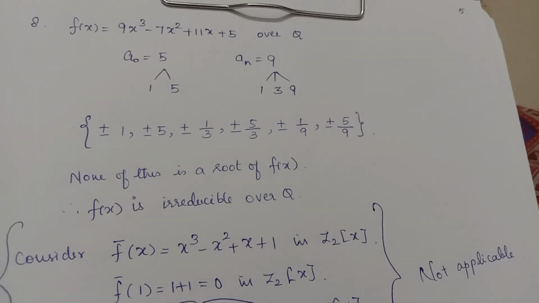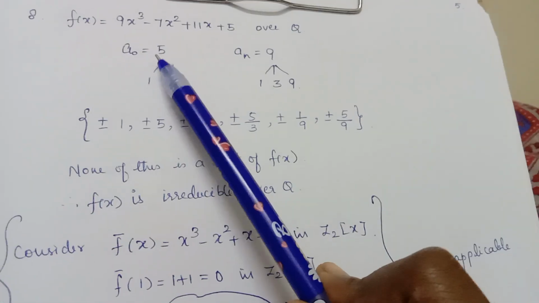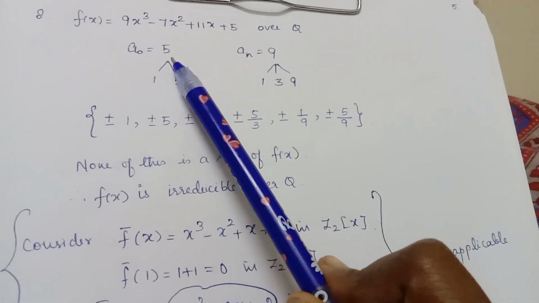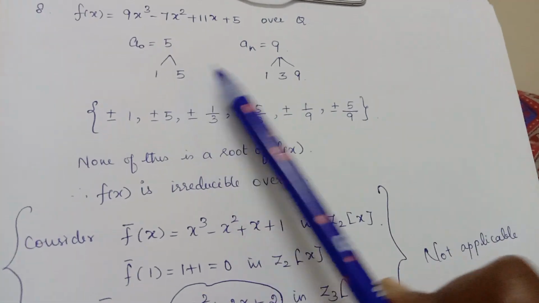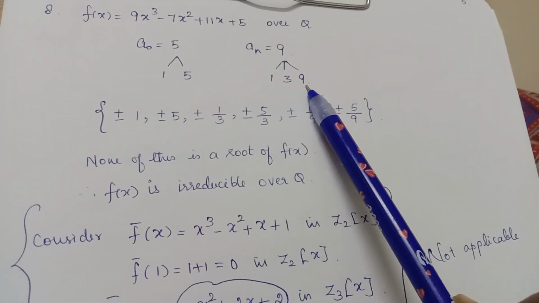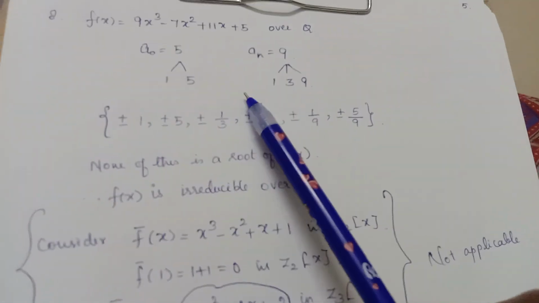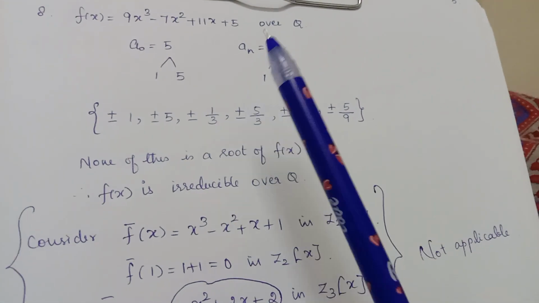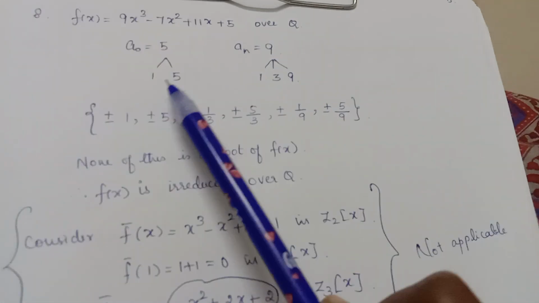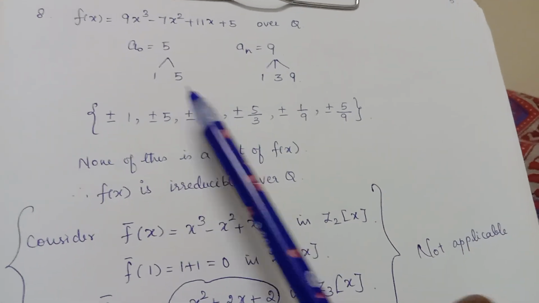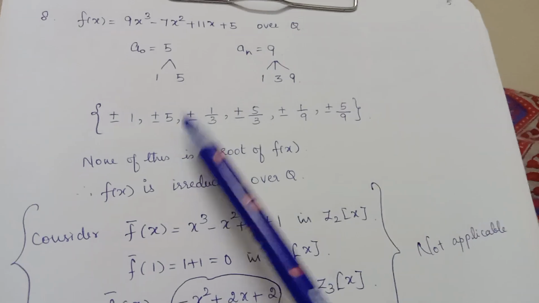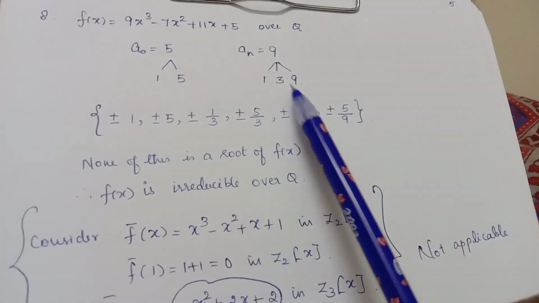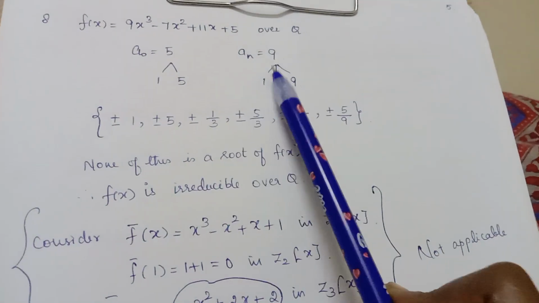Instead of that, what I am going to do is, see here the constant term is 5 and the highest coefficient is 9. So look at the divisors for this 5: 1 and 5 are the divisors. Here 1, 3, 9 are the divisors. So what are all the possible roots for this equation? That is a0 by an. 1 by 1, 5 by 1, 1 by 3, 5 by 3, 1 by 9, 5 by 9, that is a naught by an should come.